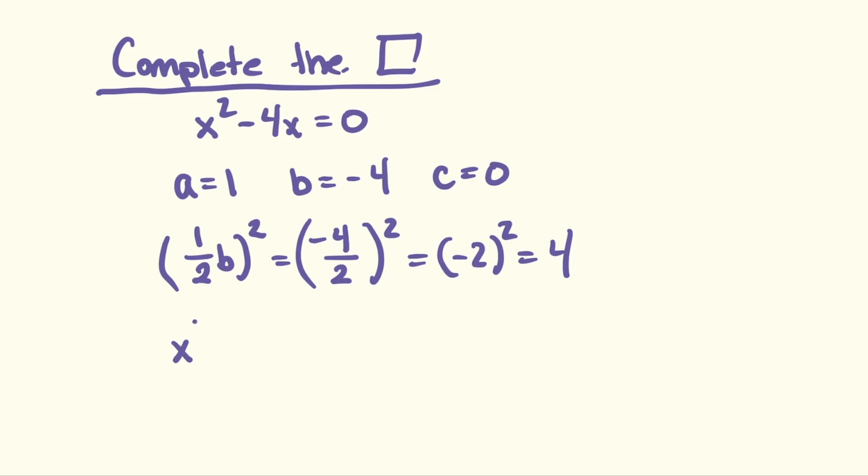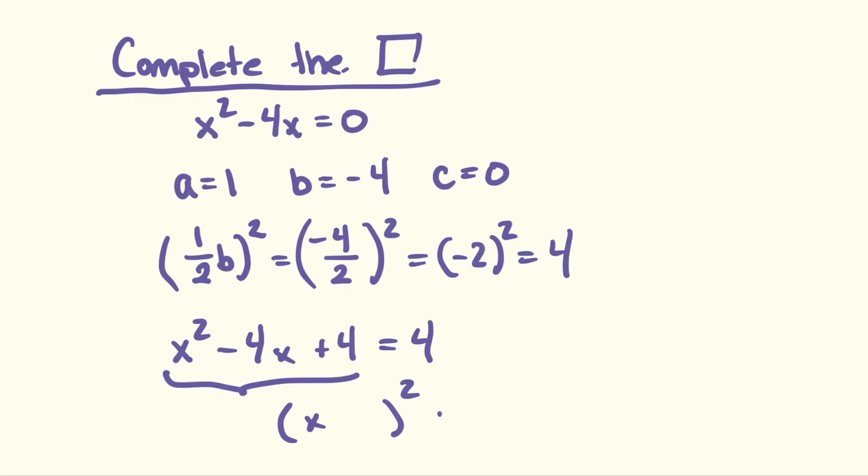That is going to give us x² − 4x + 4 = 4. And now we can actually complete the square with the items on the left-hand side of our equation. So this is going to be (x − something) quantity squared, and the right-hand side is still going to have a 4 in there. Now in this case, we notice that we have a minus 4 in the middle, so it's going to be minus, and usually it's very simple to figure out.